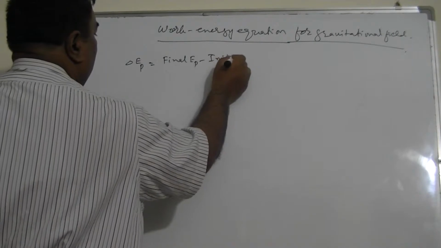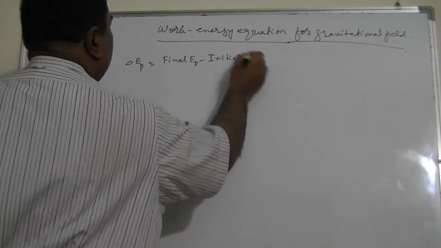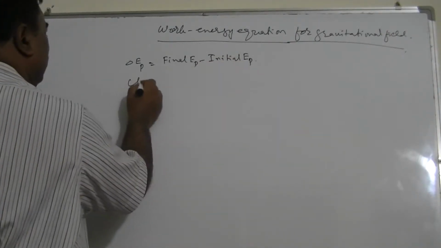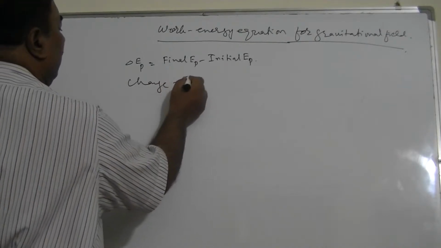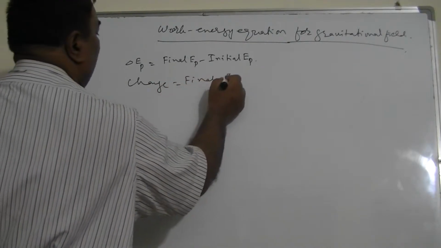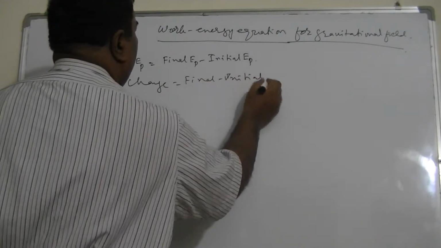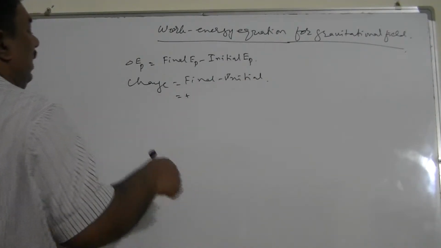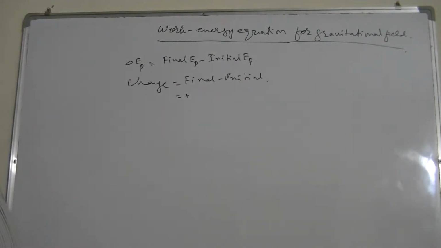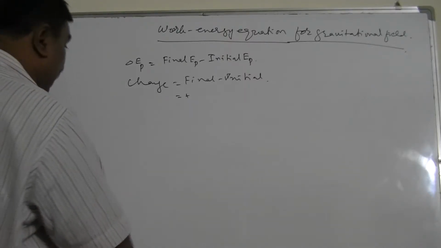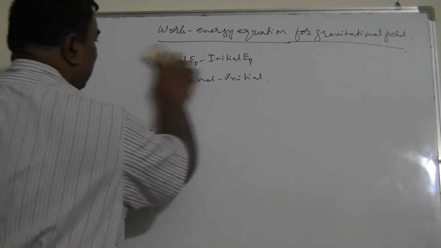Keep in mind, any change is always final minus initial. When you take this, if it comes positive, then the quantity increases. If it comes negative, then the quantity decreases. But you have to stick to signs. Positive means it increases, and negative means it decreases.